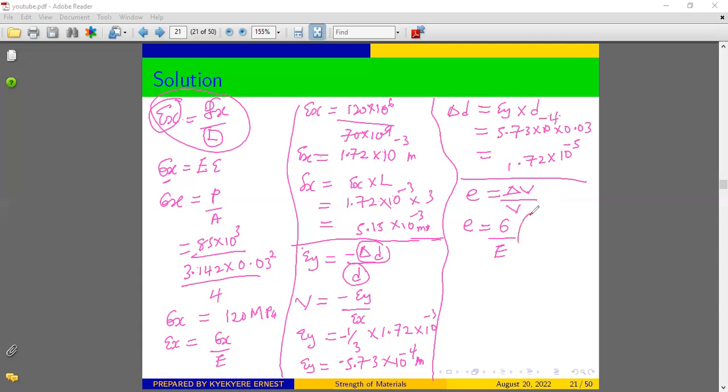When force is applied in only one dimension, the formula is going to be 1 minus 2V all over. So this will be the volumetric strain. So putting it into this formula, the change in volume which we are looking for is going to be all this, which is the stress over E, the modulus of elasticity.